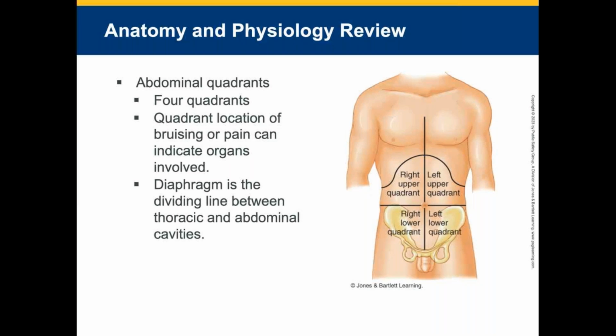In the abdomen, there are 4 quadrants. The abdomen is divided into quadrants by 2 perpendicular lines that intersect at the umbilicus, as you can see here. We have one that comes down, one that goes across.